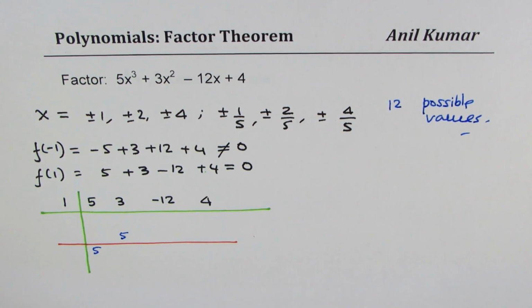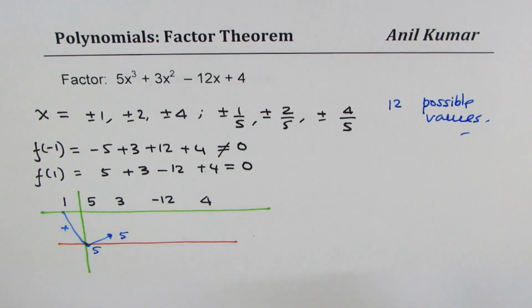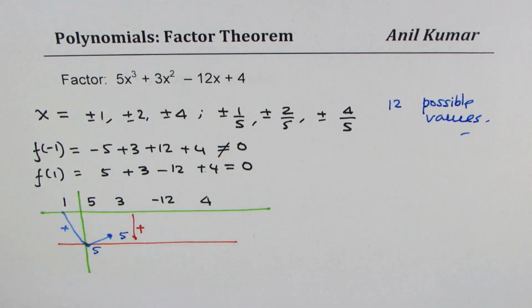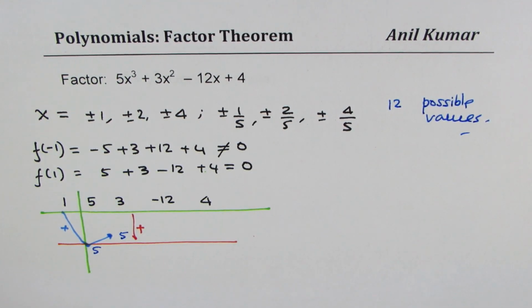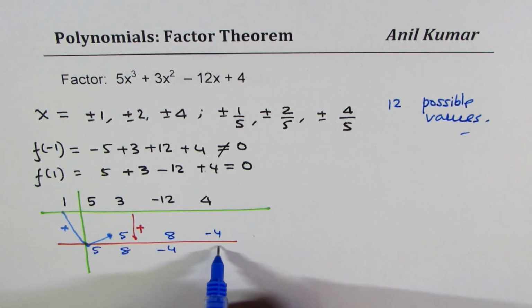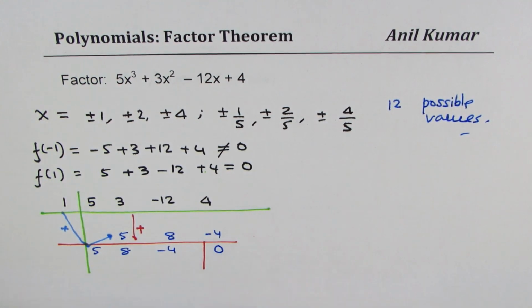As you remember, times this and then write it here. And when we move downwards, we add, correct? So add 5 and 3, you get 8, times 1 you get plus 8, minus 4, times 1 minus 4, as expected, remainder of 0, correct?